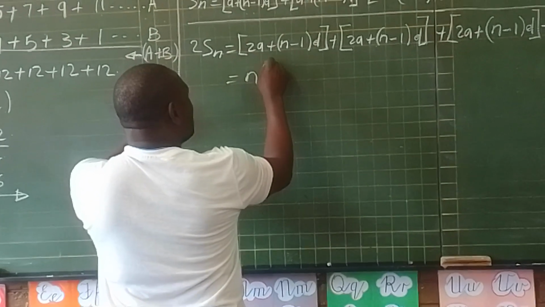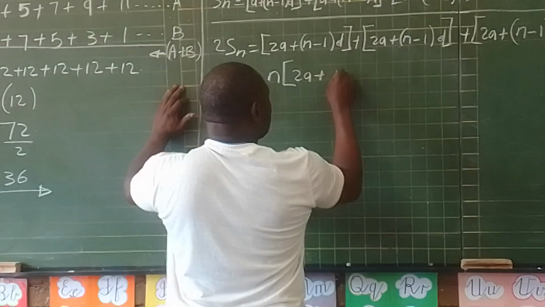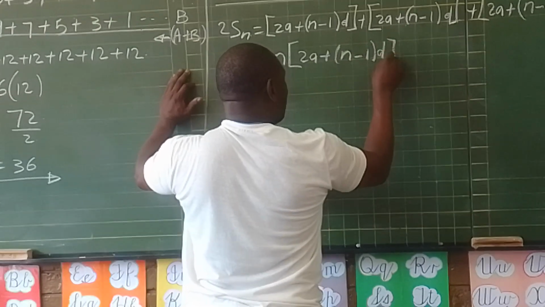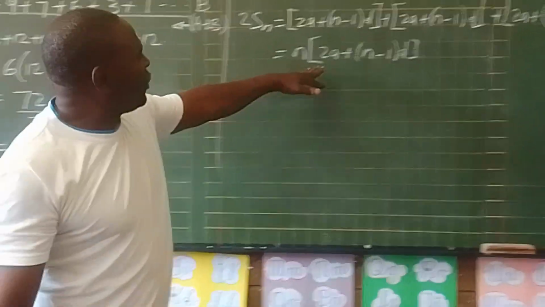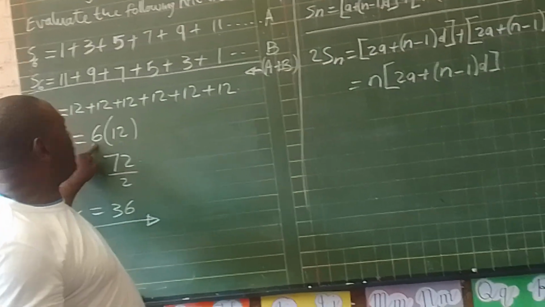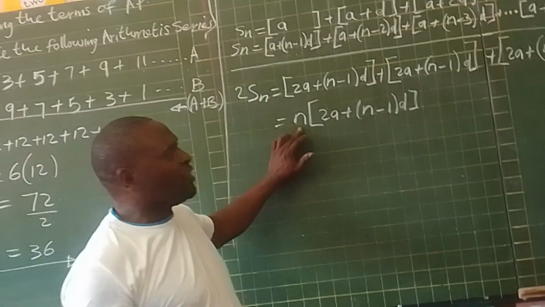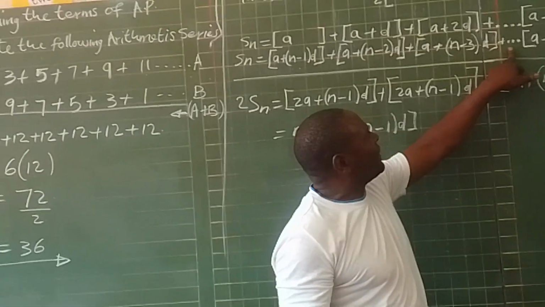They are n of 2a plus n minus 1d. See that? Because they are all common, like we did here, we multiply by the number of terms. Here the number of terms, we don't know that, because we have the infinite set along the way.